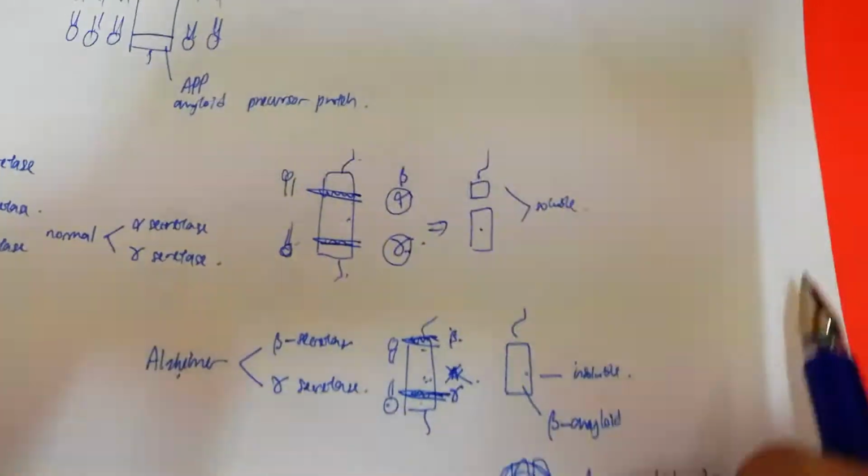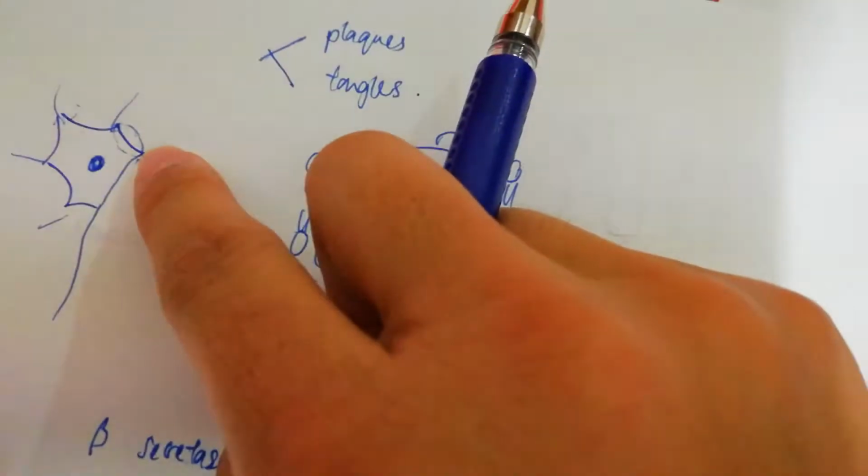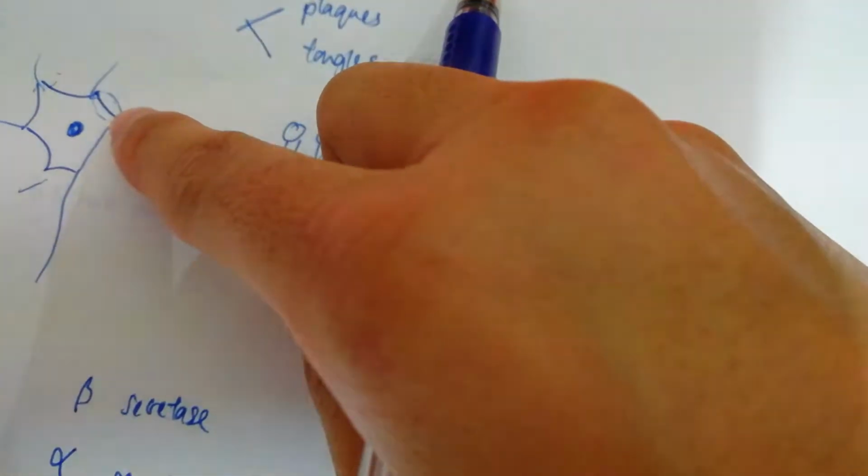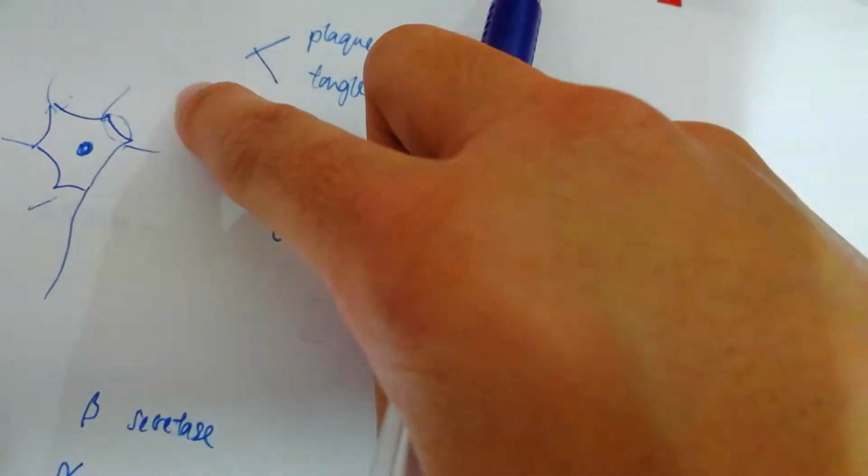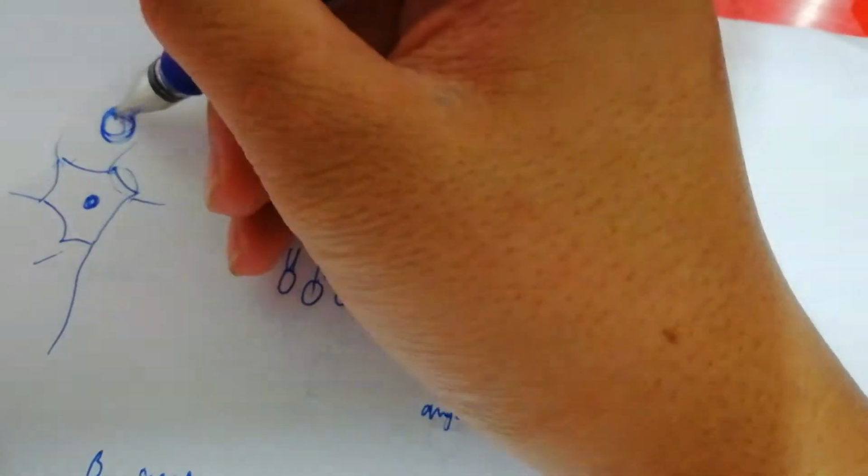Just now I mentioned that this particular protein is located in the cell membrane. So by having the insoluble protein, that particular protein is going to be located outside over here. It is insoluble, and then they are going to clump together over here. Let's say this is the plaques.